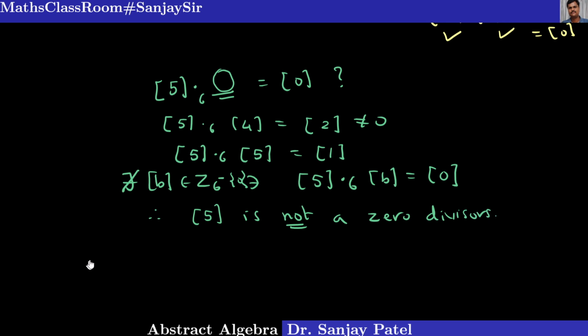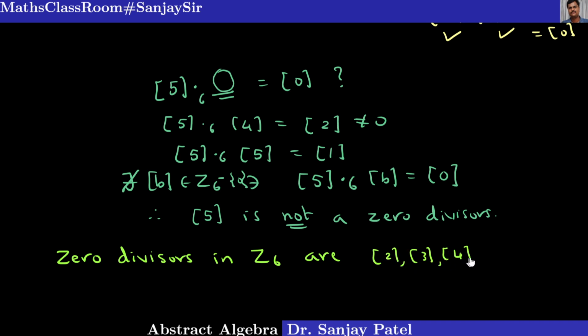What are the 0 divisors in the set Z6? Class 2, class 3 and class 4 only.